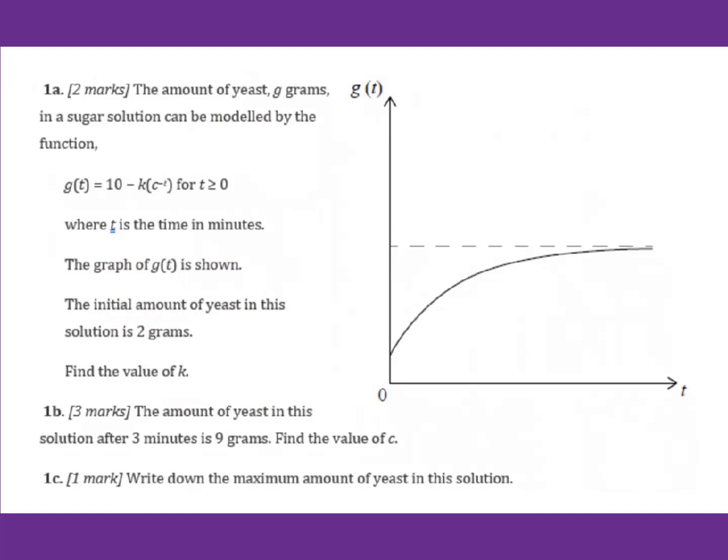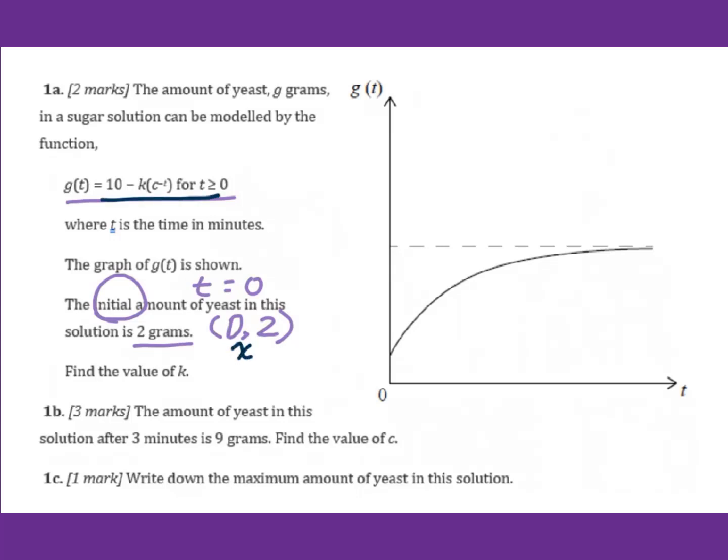Let's go to 1a. Given this exponential function, the initial amount of yeast in this solution is 2 grams, which means initial means t equals 0. We get the coordinate (0, 2). Then we plug into this function.